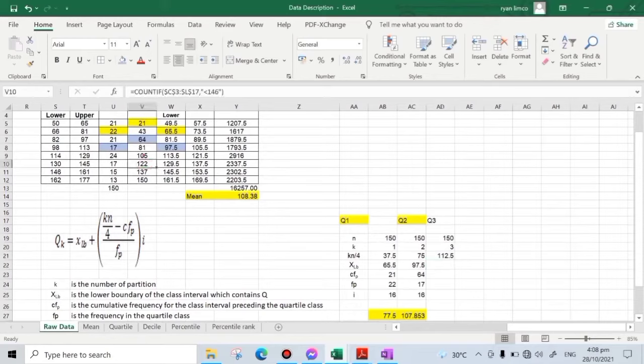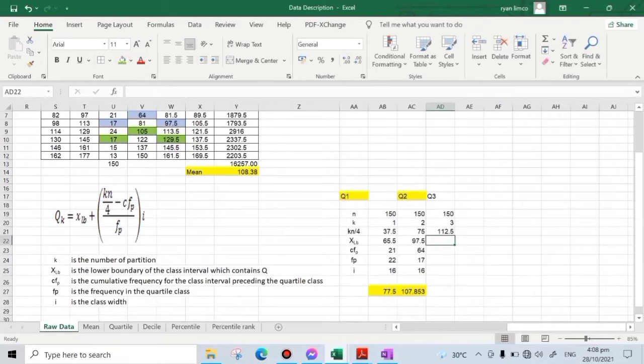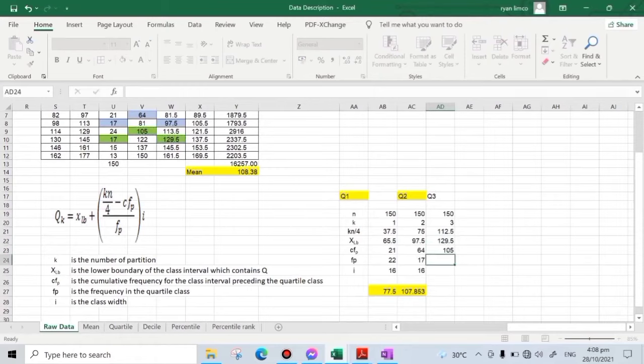No? Kasi dito si 105, hindi pa naman nakaabot ng 112. So, dito siya, kay 122. So, ito yung XLB natin. And ito yung CFP. Ito naman yung frequency ng quartile class natin. So, XLB is 129.5. And this is 105. And this is 17.